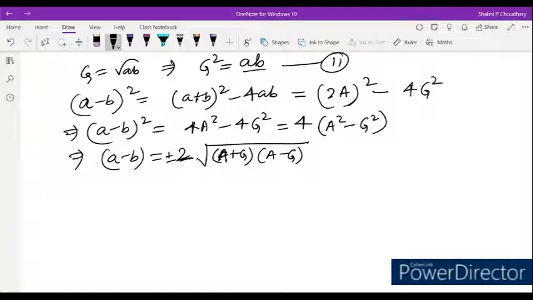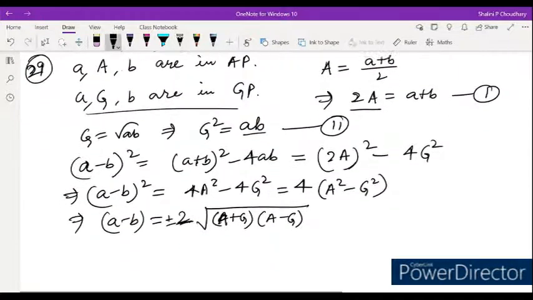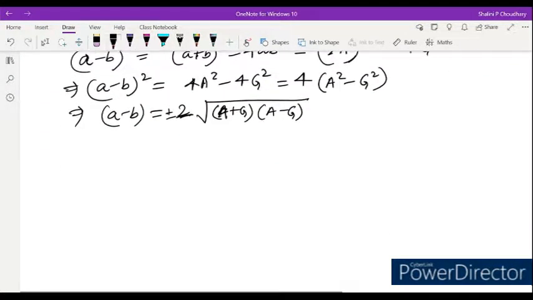Okay, and what is the question? If A and G are AM and GM respectively, we have to prove that the numbers are a and b. We have to find out the values of a and b.